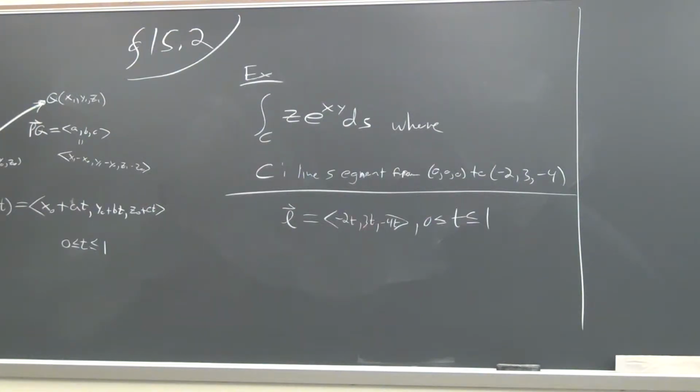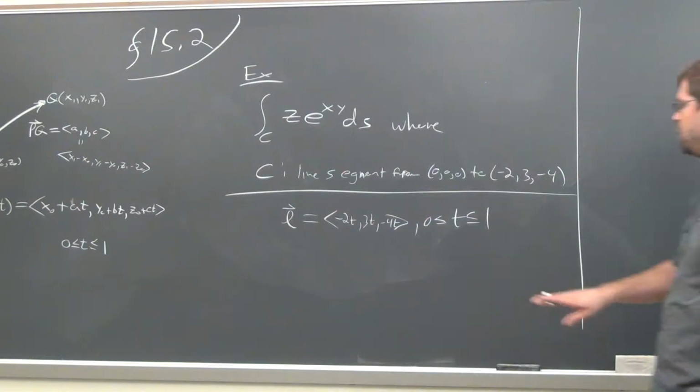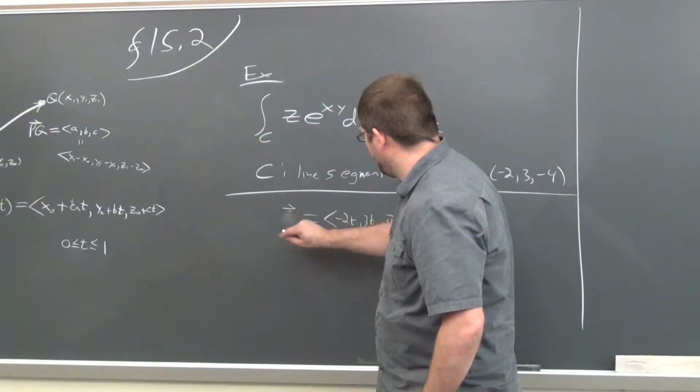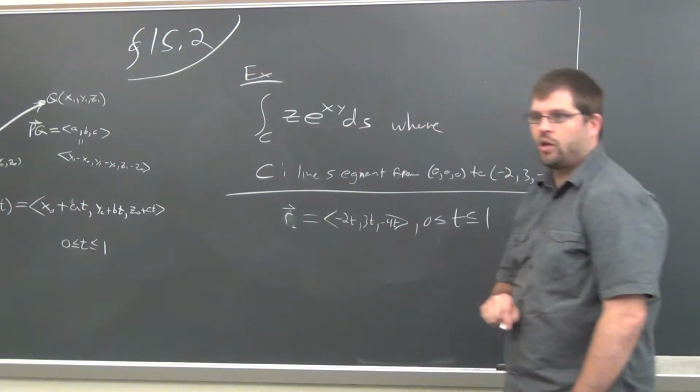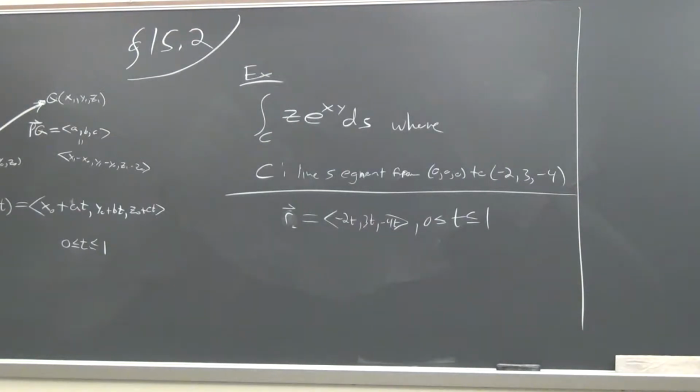So you plug those in for x, y, z, and then what's your ds? It's the magnitude of, and I guess actually we were calling this r before, the magnitude of r prime times dt.